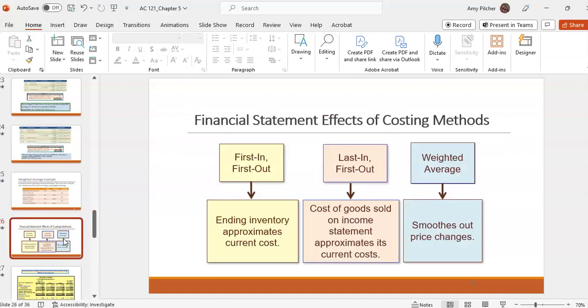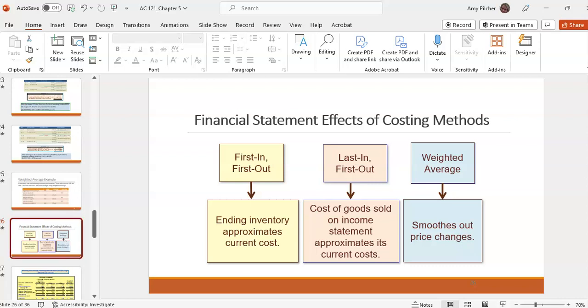Okay. So what happens on our financial statements? Why do companies have different methods that they use? Okay, they have different reasons for this. So companies that have a lot of volatile costs use a method that works better for fluctuating costs. It also affects how much a company pays in taxes.